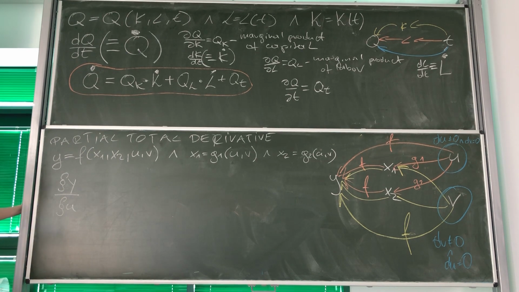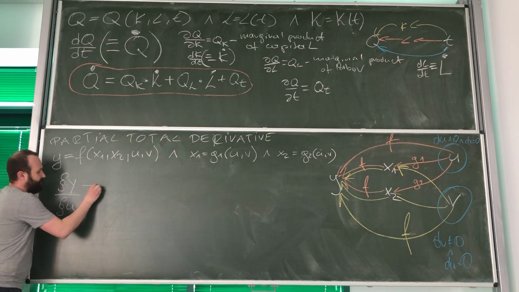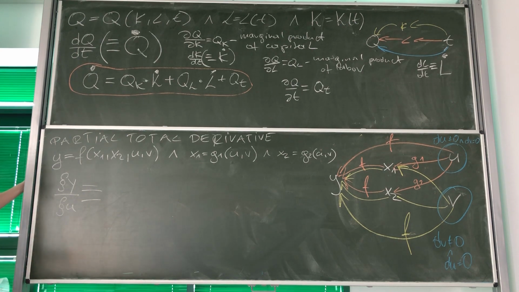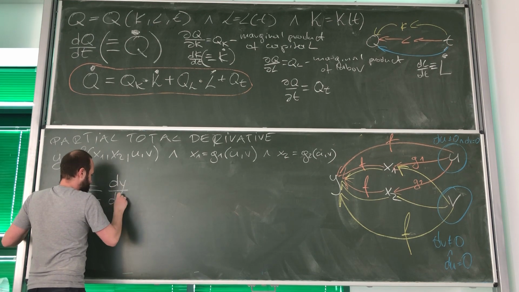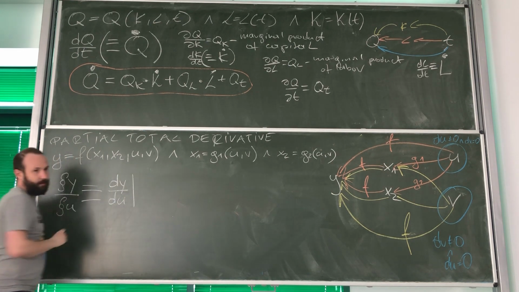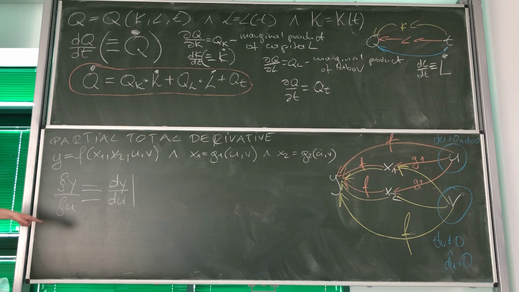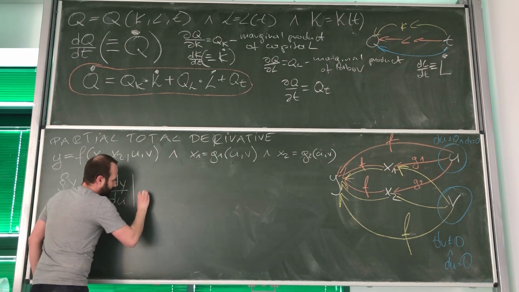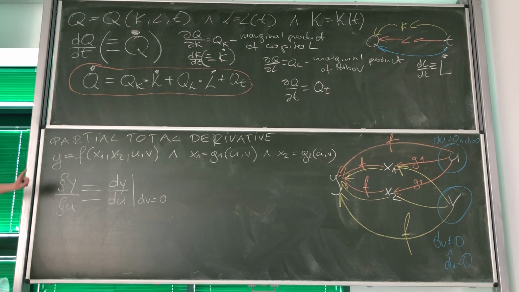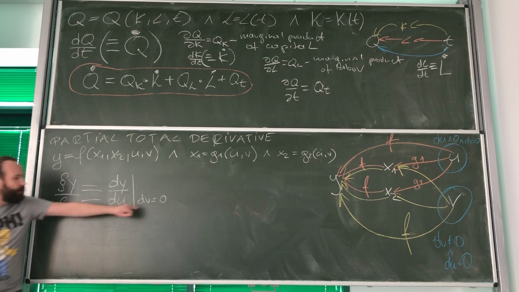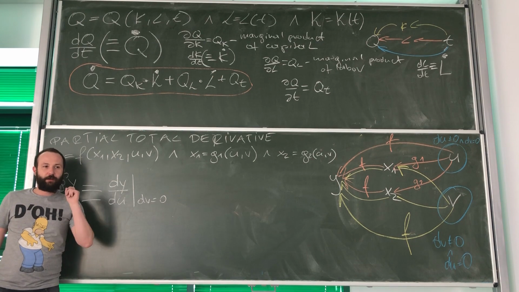However, there are different ways in which we can write it, because this is the same as dy du with the bar. This is total derivative of y with respect to u while holding v constant.